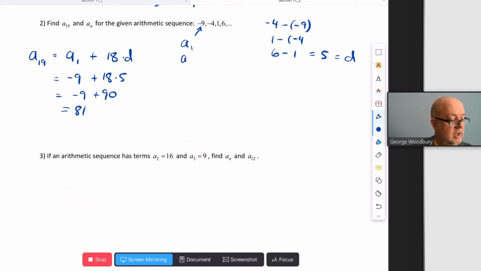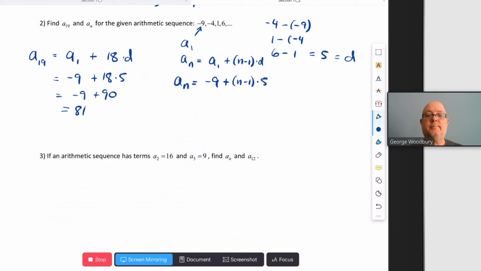In general, a sub n, I'll write down the formula again, is a sub 1 plus n minus 1 times d. Here, that's going to be -9 plus n minus 1 times 5. And we could use this formula as well to get a sub 19.